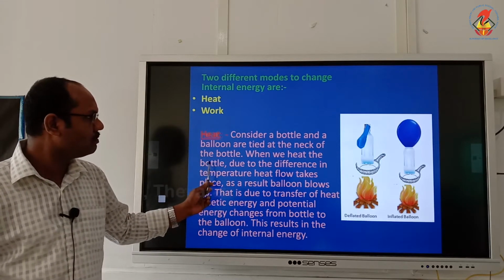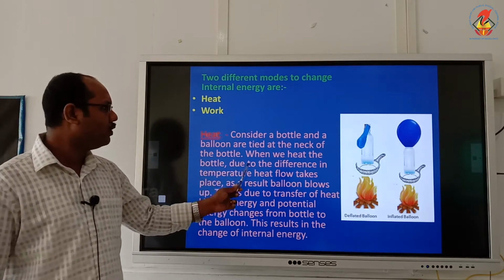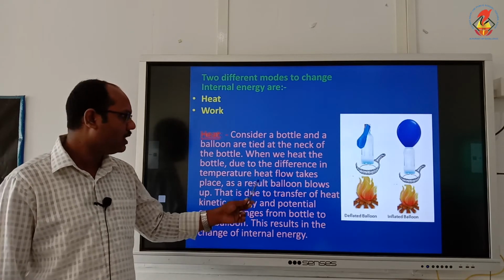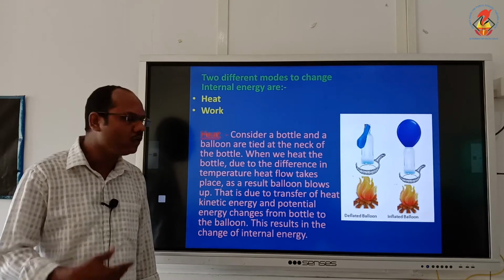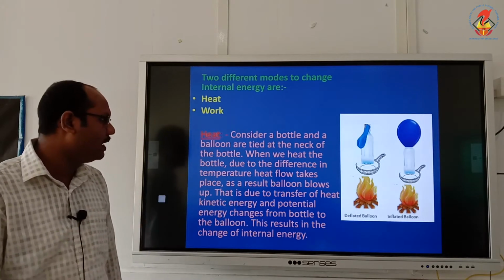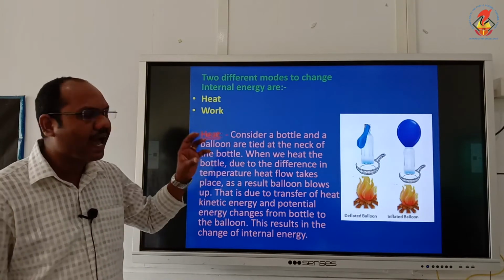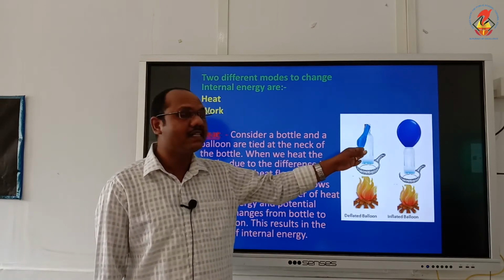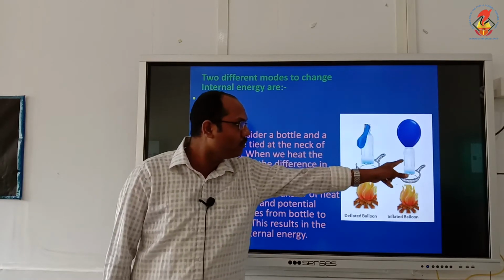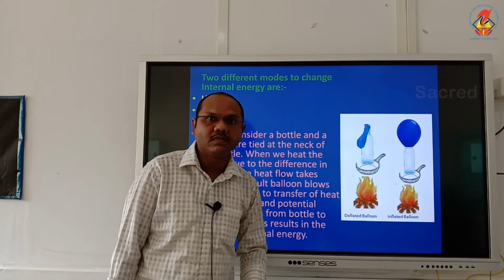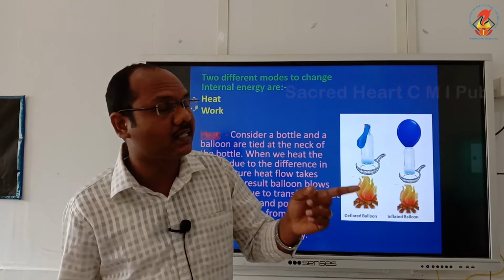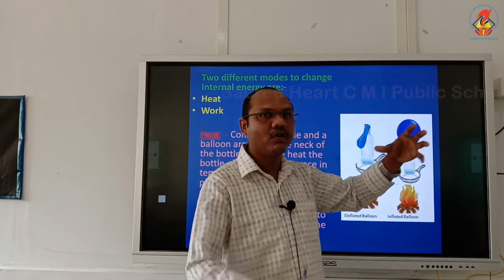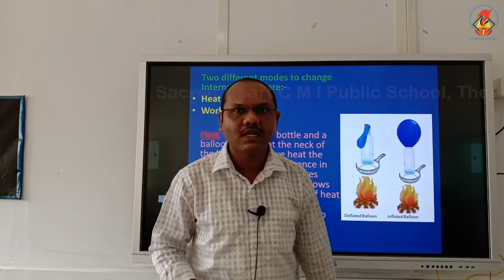When we heat the bottle, due to the difference in temperature, heat flow takes place. As a result, the balloon blows up. Due to the transfer of heat, the molecular kinetic energy and molecular potential energy are getting transferred from the bottle to the balloon, and that is why the balloon is inflating.